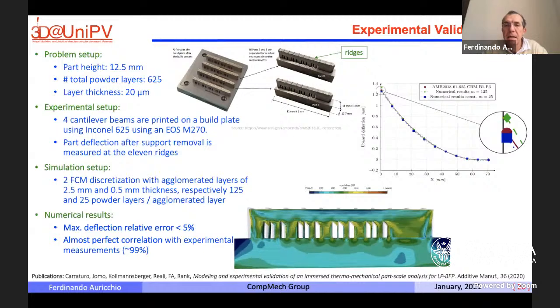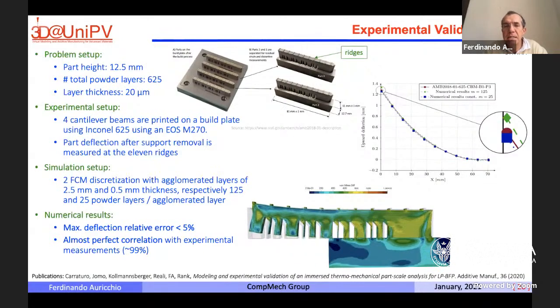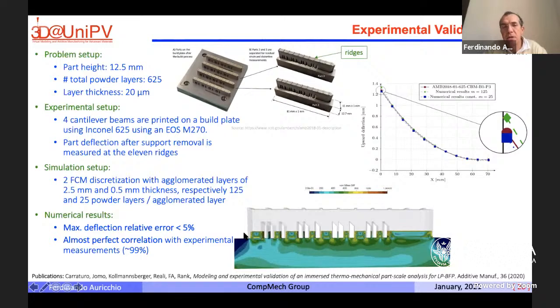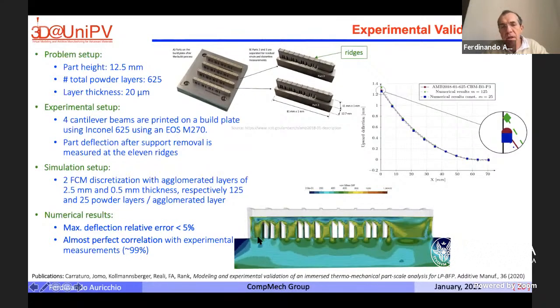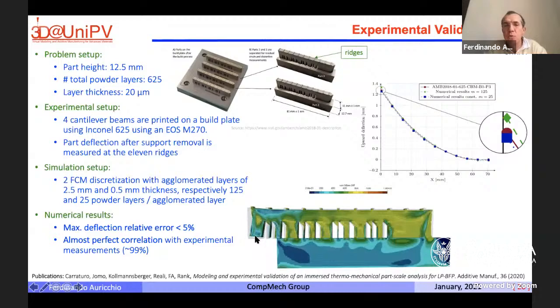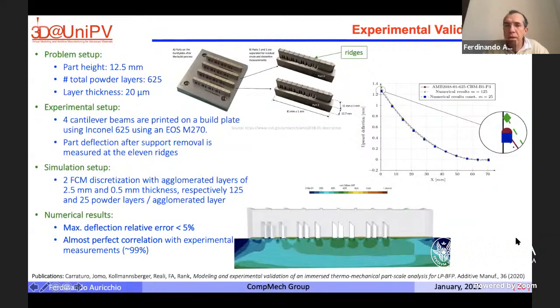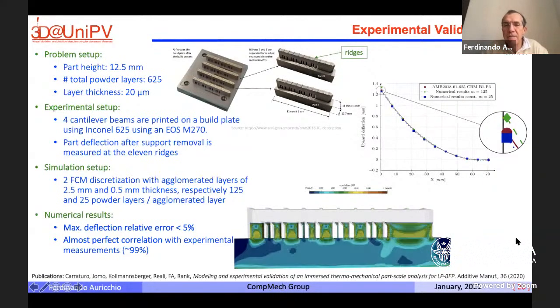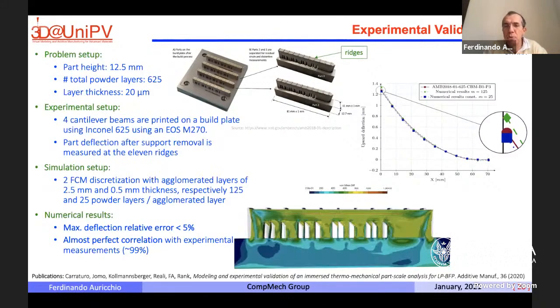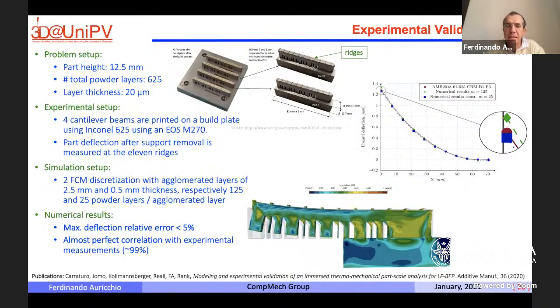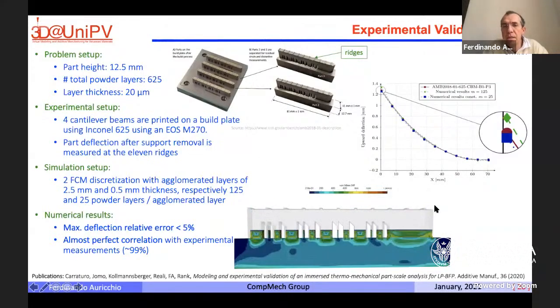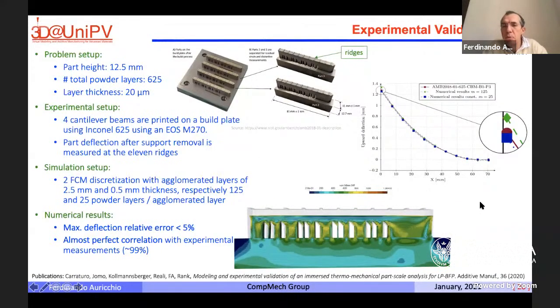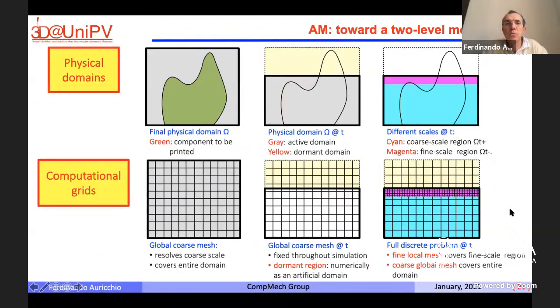That's the mechanical stress, and then we're also able to simulate the removal of the component from the plate and the bending, which is something that in reality you don't want, because you want to start from your initial geometry and then end up with an optimal geometry. But in any case, we are able to do this kind of simulation in a quite reliable way. So this is the finite cell method, which is one first immersed method that we explore.